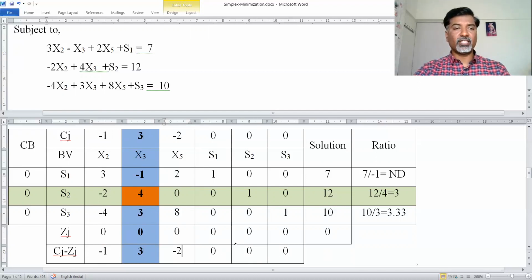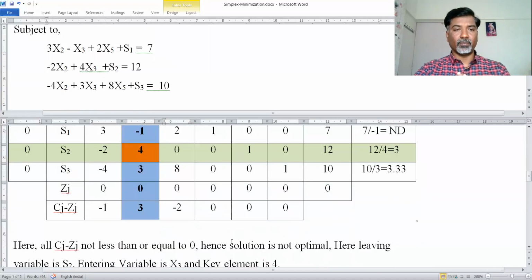Once you calculate Cj minus Zj, we can identify whether you have obtained the optimum solution or not. How to check that? We have to check all the Cj minus Zj values to see whether they are less than or equal to 0. If all values are less than or equal to 0, then we can say we have obtained the optimal solution.